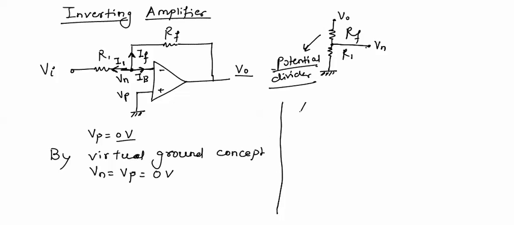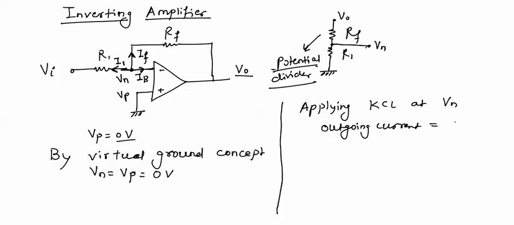So next step is applying KCL at Vn. If we apply KCL at Vn point, we can see that three currents are outgoing, there is no incoming current, and according to the KCL equation, total outgoing current must be equal to total incoming current.